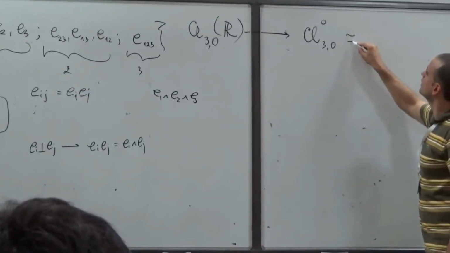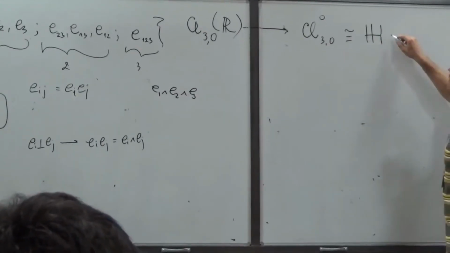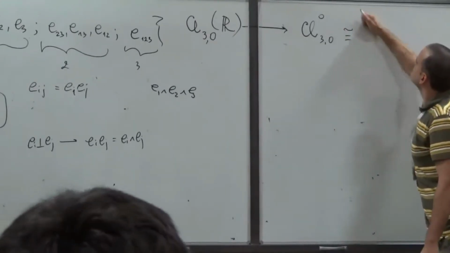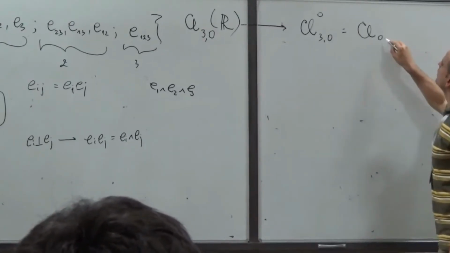These are the quaternions, which, maybe I should have written first in Clifford notation, 0, 2.